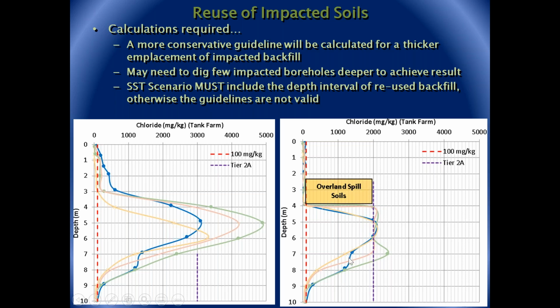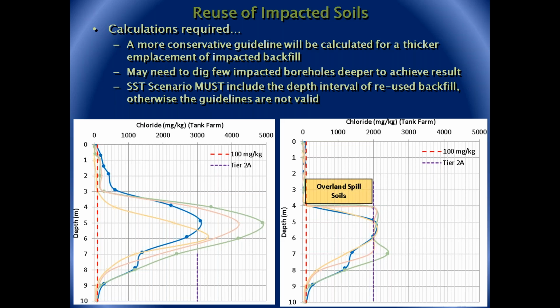Then that allows you to use all this additional impacted material as backfill, bringing it up to an even higher depth interval of 2.5 meters. You can do SST assessments at 2 meters and 3 meters and 4 meters, and then regress them and find what your 2.5 meter excavation criteria would be. This has allowed us to avoid sending that material to landfill. And because it's below guidelines across the board, we know that it does not represent an unacceptable risk scenario.